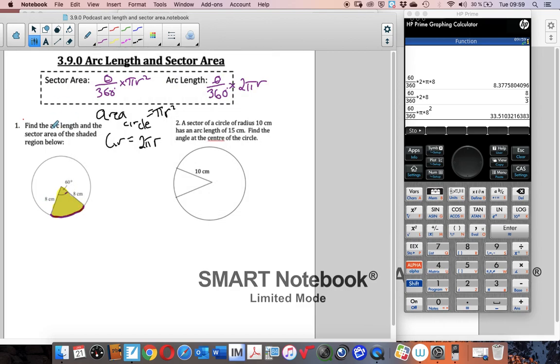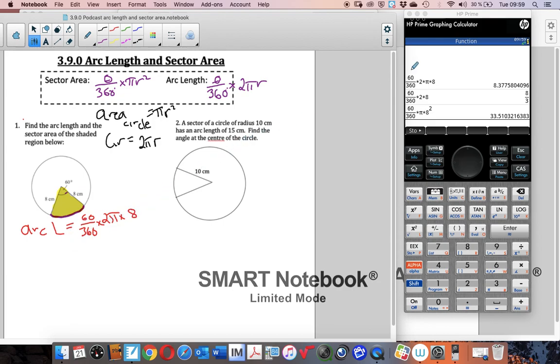Here we are. So find the arc length of this. Okay. So our arc length, I'm just going to put L for length. So we're going to have 60/360 of 2 times pi times the radius, which is here 8.